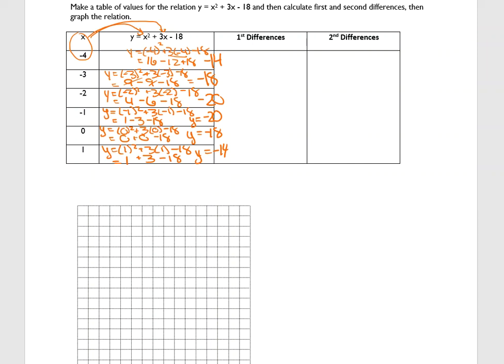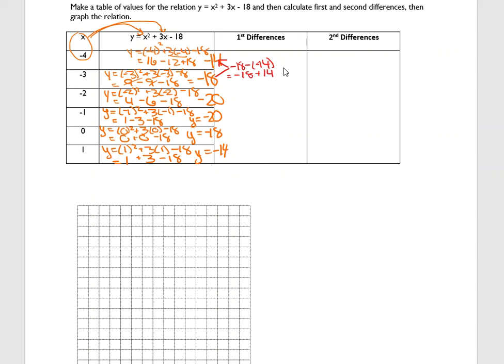So first differences, I take my y2, well, let's go with red. y2, that's -18, and I'm going to subtract the one above it, subtract -14. That was a bit messy, so I just rewrote it there. -18, that's -18 plus 14.